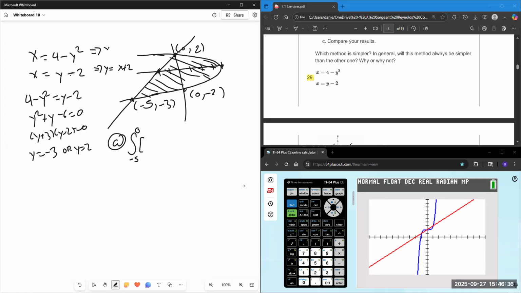Change this into y is equal to plus or minus root 4 minus x, and we'll have to make a choice which that is. This is the lower piece of the parabola here, so this is going to be x plus 2 minus a negative root 4 minus x dx.